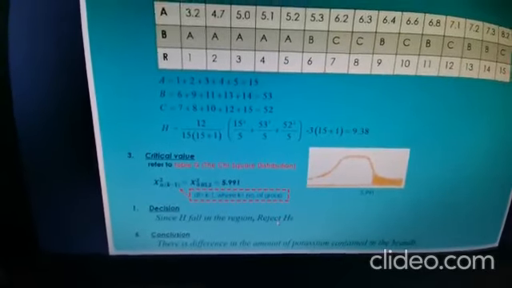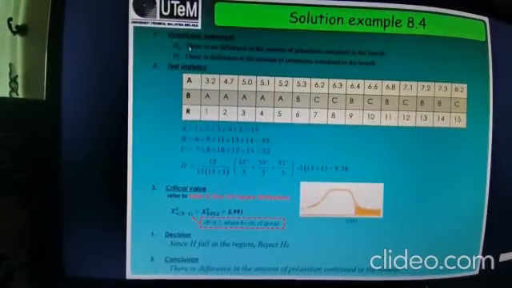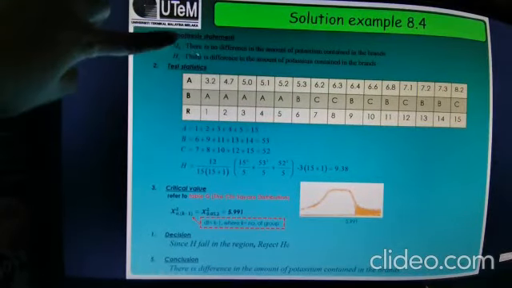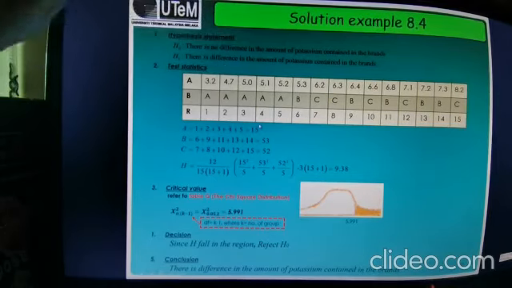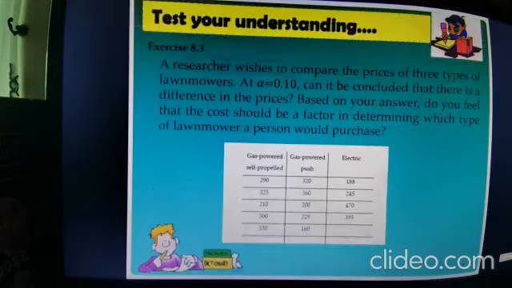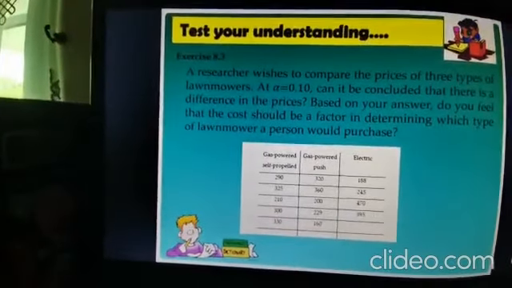Then we reject H null. When you reject H null, it means you close your H null. Then you look at the symbol of your H1. H1 is different. That is for the Kruskal-Wallis test. And this is for you to do on your own, exercise 8.3.